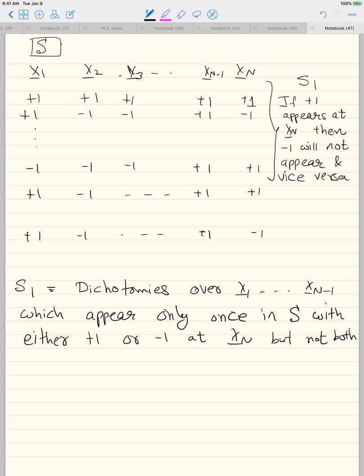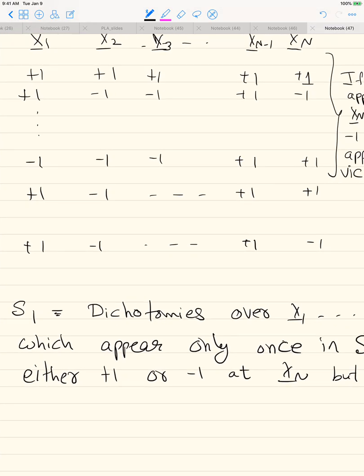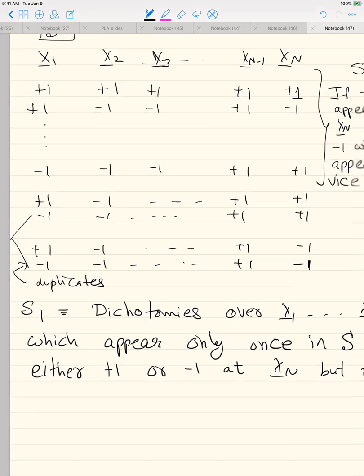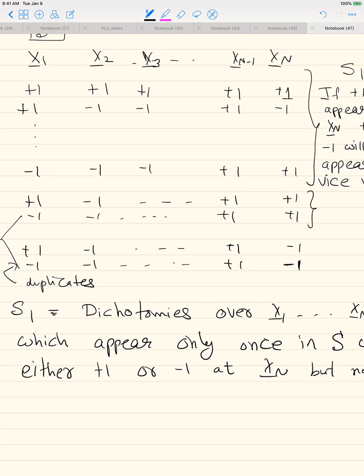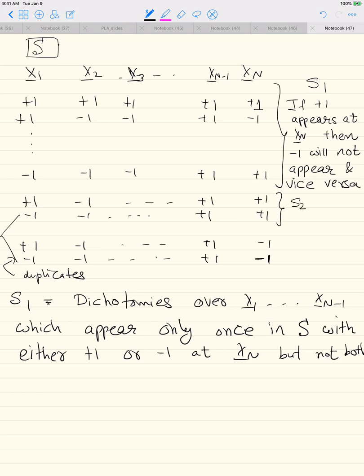But at the last coordinate, both +1 and -1 simultaneously appear in this. Similarly, there could be another one, -1, -1, and then another copy of this with a -1. So these are duplicates. Okay. And S2 will be the collection of all such vectors at the first n-1 positions.